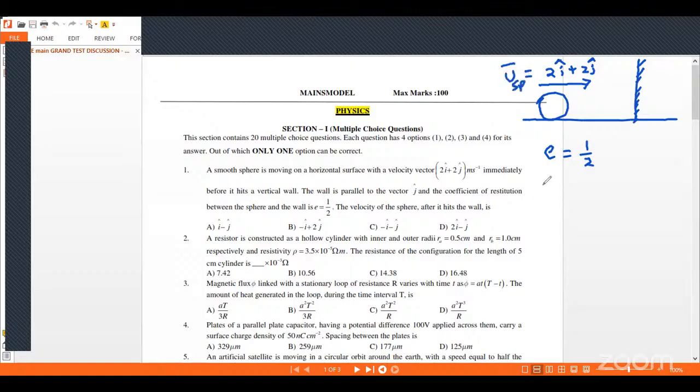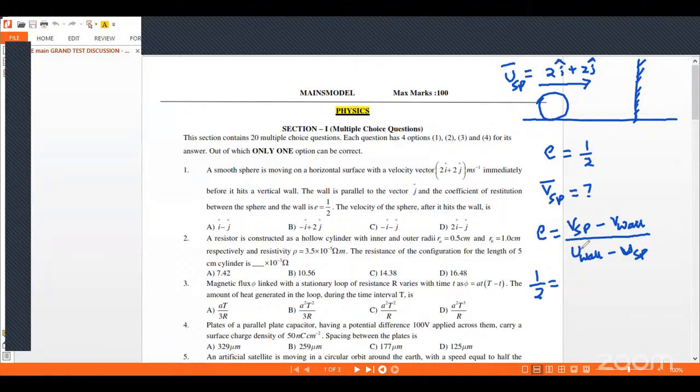According to coefficient of restitution, it is (V2 minus V1) by (U2 minus U1), that is, final velocity of the sphere minus final velocity of the wall by initial velocity of the wall minus initial velocity of the sphere, either along the x-axis or y-axis. Coefficient of restitution is half.